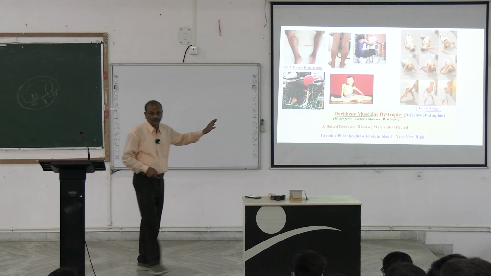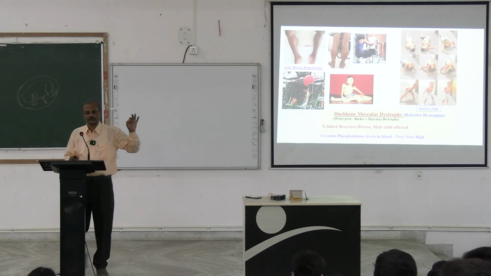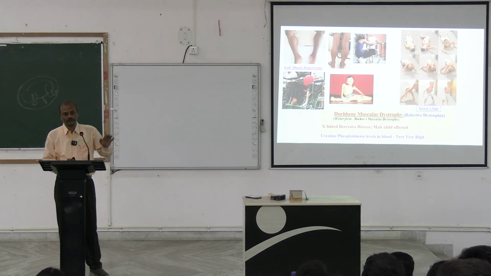So, Duchenne muscular dystrophy. I saw the first case in 1993 in Durgapur, and I told the father that your son is not going to survive more than 20 years. So plan for a second child if you wish, but I know this is a disease which affects males, where the mother is the carrier and the son is the sufferer.